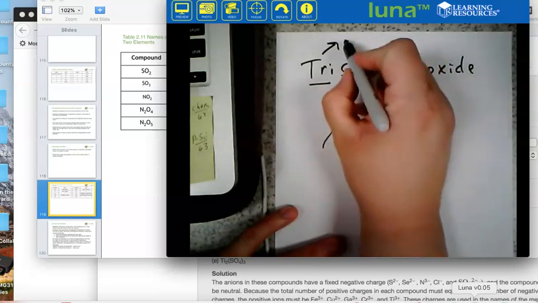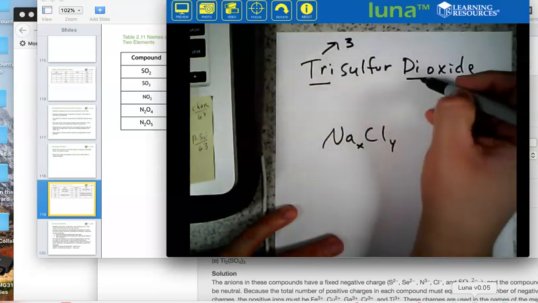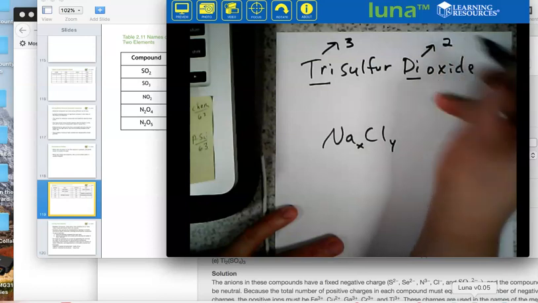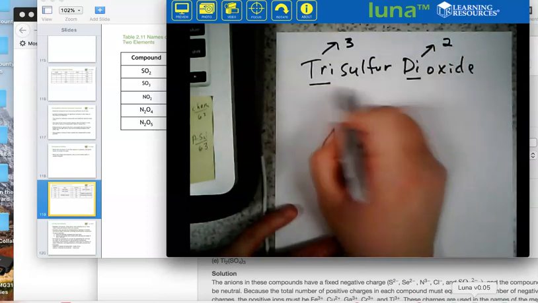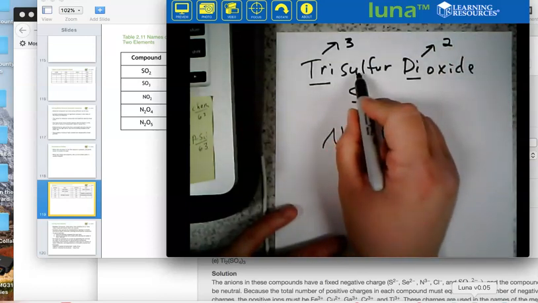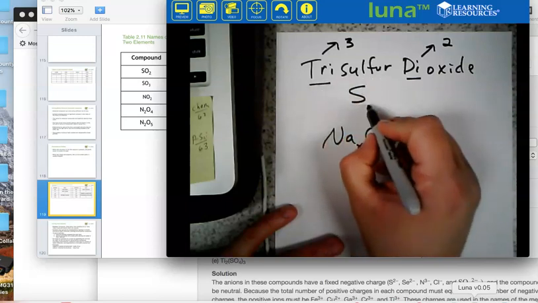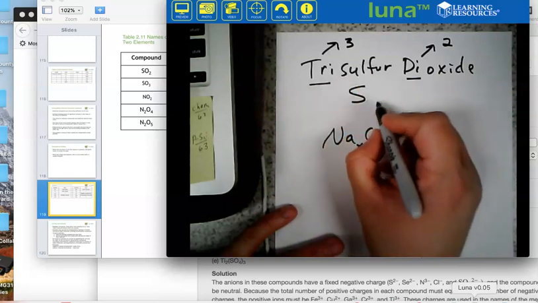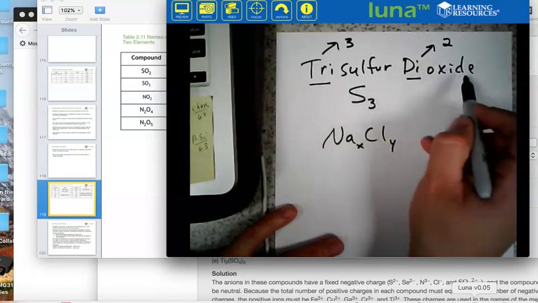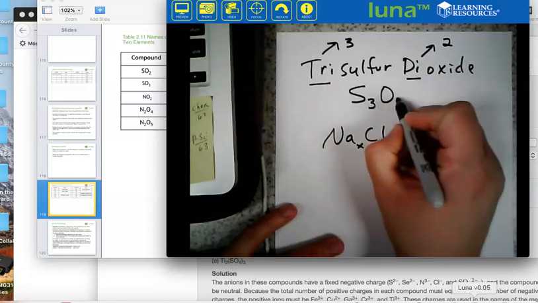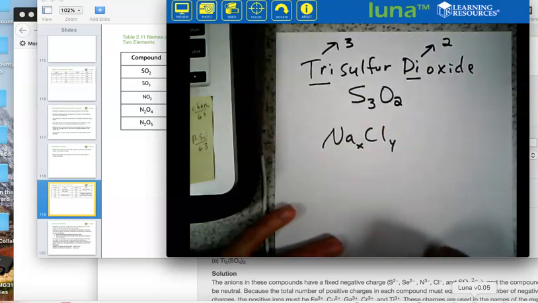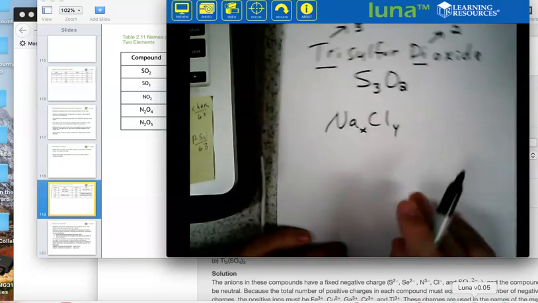Tri is a prefix for 3. Di is a prefix for 2. So what this is telling me is I have 3 sulfurs. The symbol for sulfur is capital S, so it's going to be S3. And then I have 2 oxygens. So the formula would be S3O2.